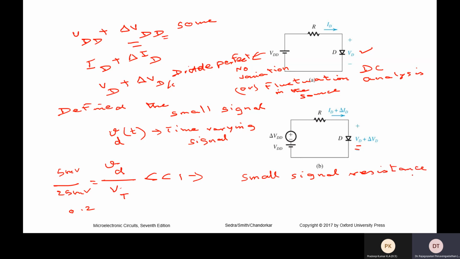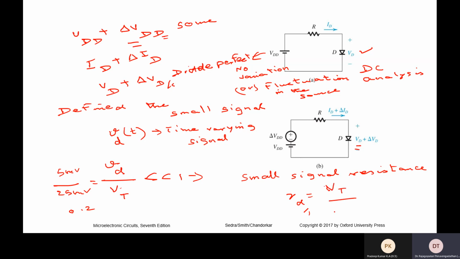This is a model to accommodate the incremental change in the voltage drop across the diode as a result of the fluctuating input signal. So small signal resistance rd, please remember these are small letters, because the small is meant for small signal.